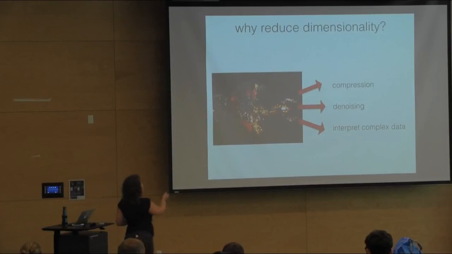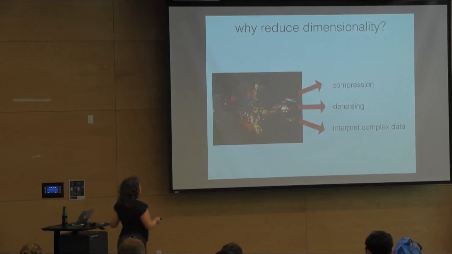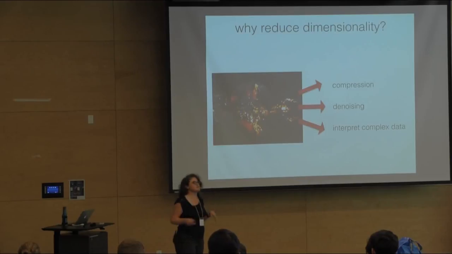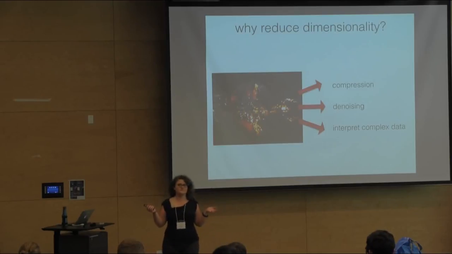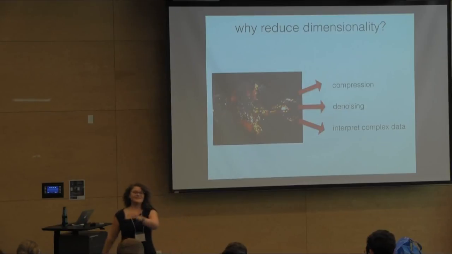Okay, so as a starting point, we could ask the question of why might we want to reduce the dimensionality of data? I have some answers here, but does anyone want to tell me some ideas of why dimensionality reduction, or why finding a simpler description of your data, could be useful? Yes, that's a very good point.